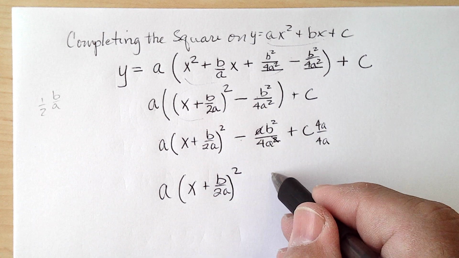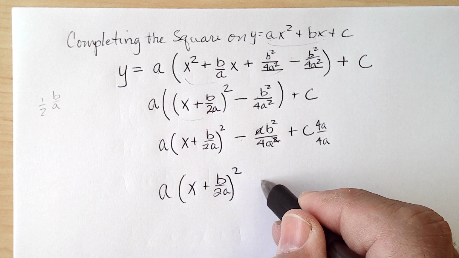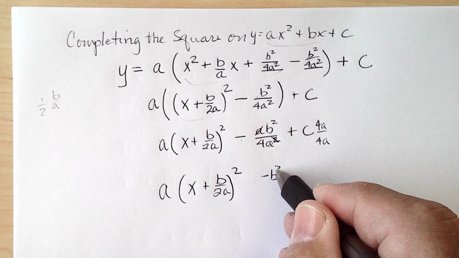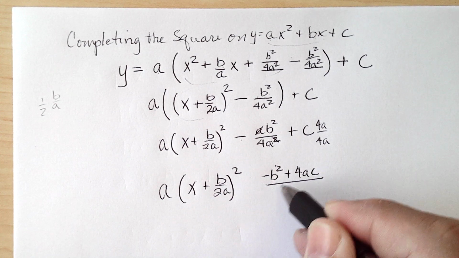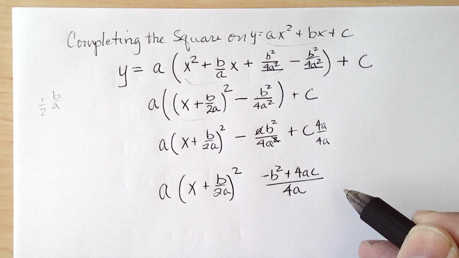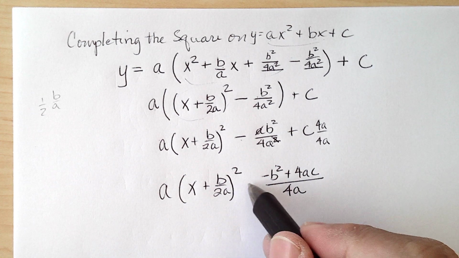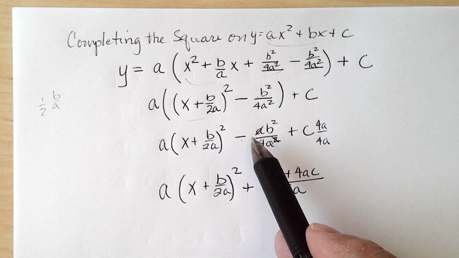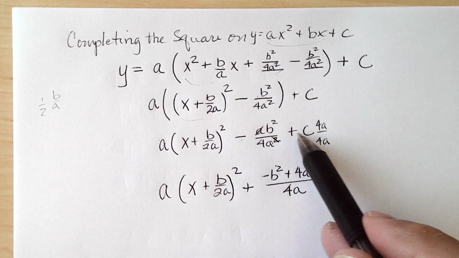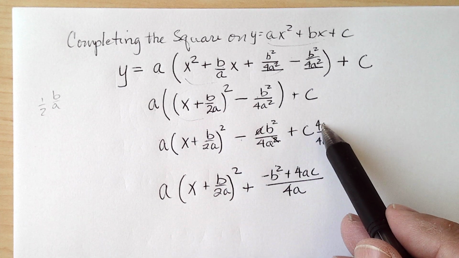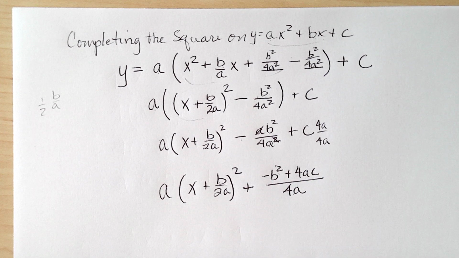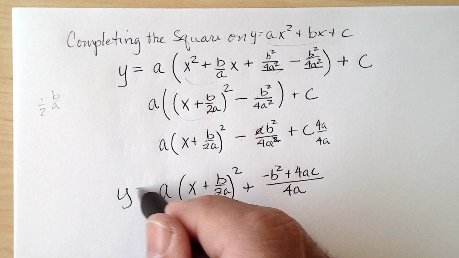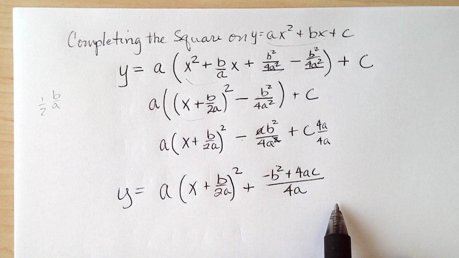So all right, minus b squared plus 4ac all over 4a. So I got minus b squared plus 4ac over 4a. And that's I completed the square.